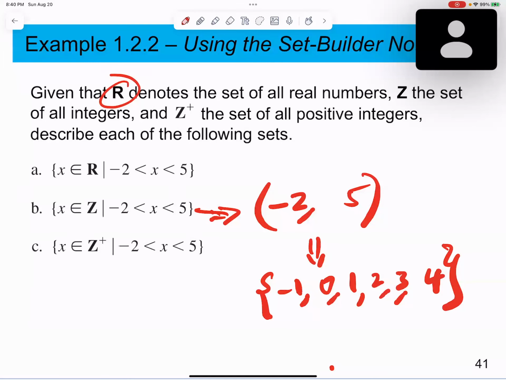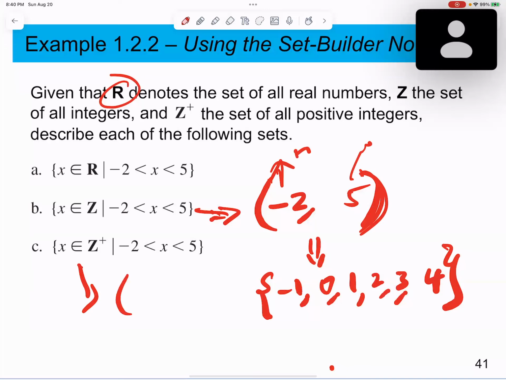See, you will never include -2, and you will never include -5. And when you represent it as an open interval, you have to use a parenthesis, not a square bracket. See how it's done?